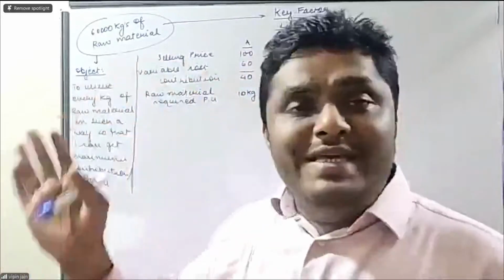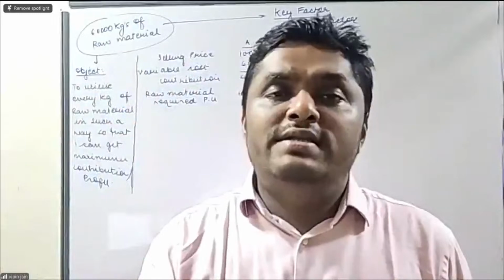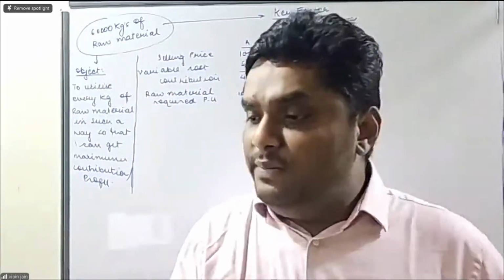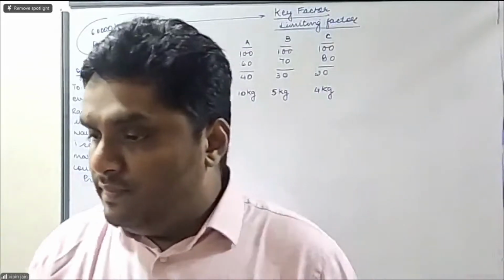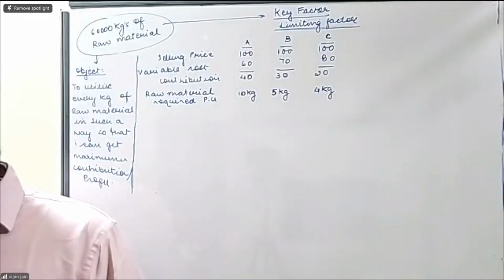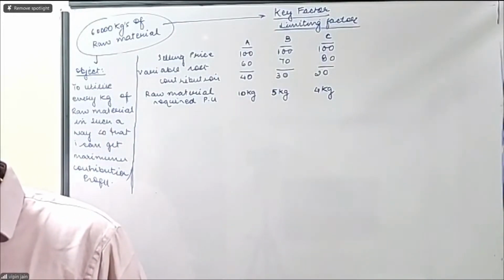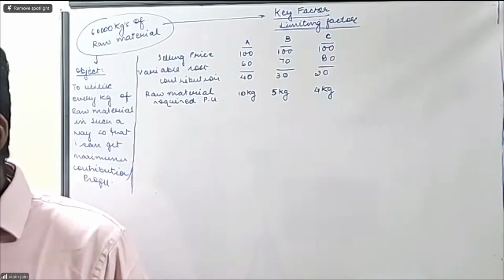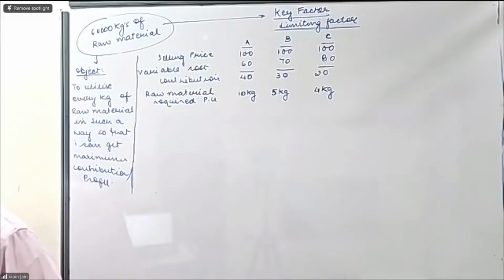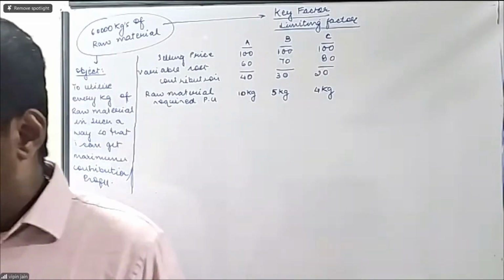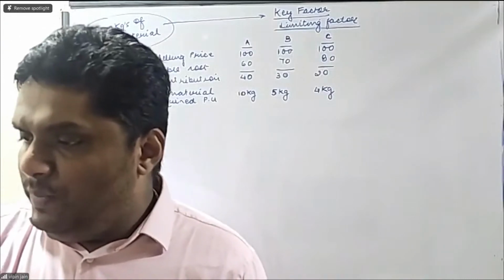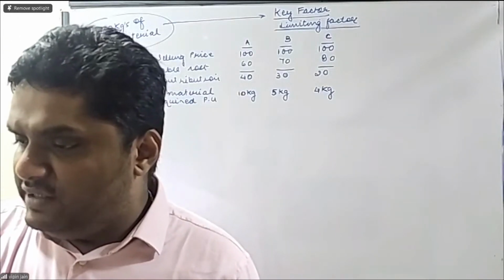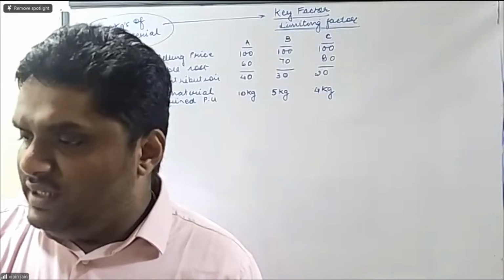So keeping all these constraints in mind, I just want your answer: which product is most profitable for the company, A, B, or C? Mostly it is B or C. What about A? Everyone is waiting for your answers. It's not any calculation, just need your opinion on which product we should manufacture. A, B, or C?